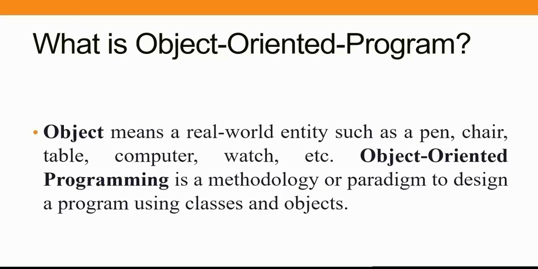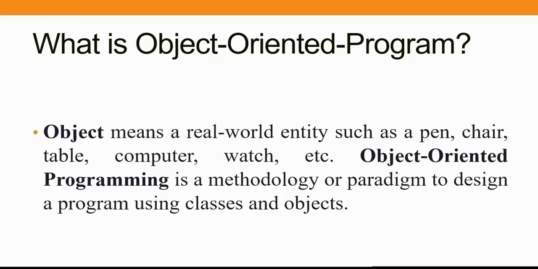It can be anything. So object-oriented programming is a methodology or a paradigm to design a program using classes and objects. So you might be wondering, okay, in object-oriented programming we are going to treat everything as an object. So what does that mean, these classes and objects? How are we going to treat that object into classes? Maybe you are a bit confused, right?